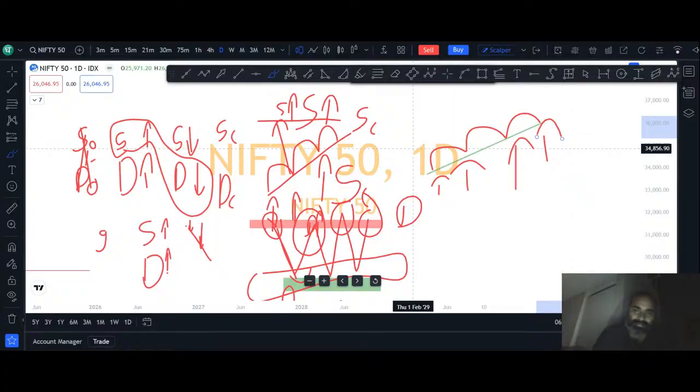With respect to this, whenever price comes here, every time the price is going to make higher lows. This low is greater than this low, greater than this low, and this low is greater than this low, which means demand is increasing with supply decreasing.